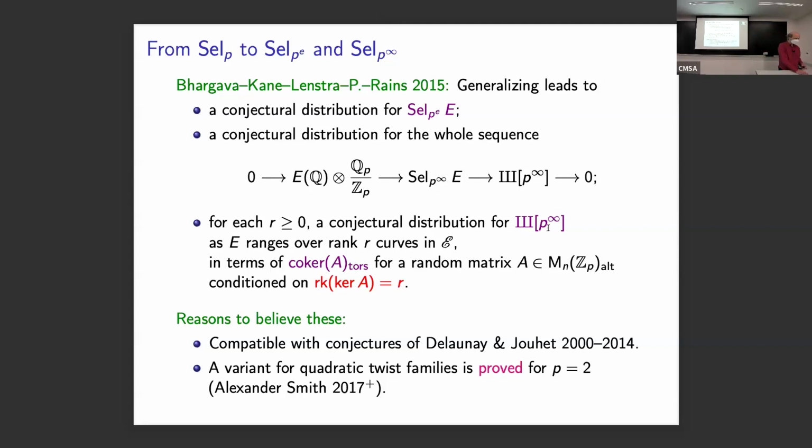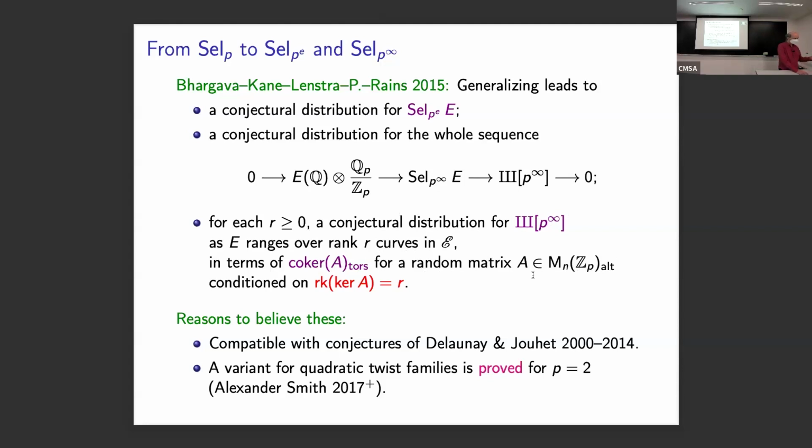The way that the distribution depends on the rank, in the model at least, is that it acts like the torsion subgroup of the co-kernel of a random p-adic matrix that's alternating, so skew symmetric.